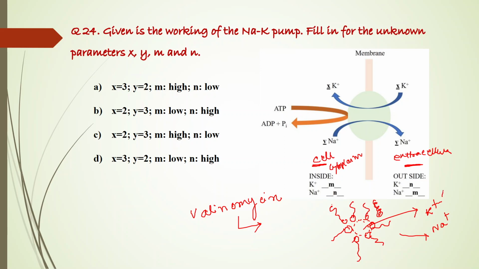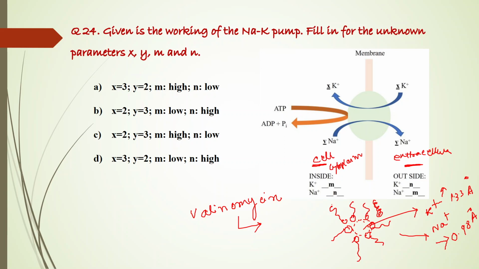Now if I remember correctly, the radius for K plus ions was 1.33 angstrom, whereas for Na plus it was 0.98 angstrom. Now this protein needs to transport these ions such that the concentrations are maintained as required.